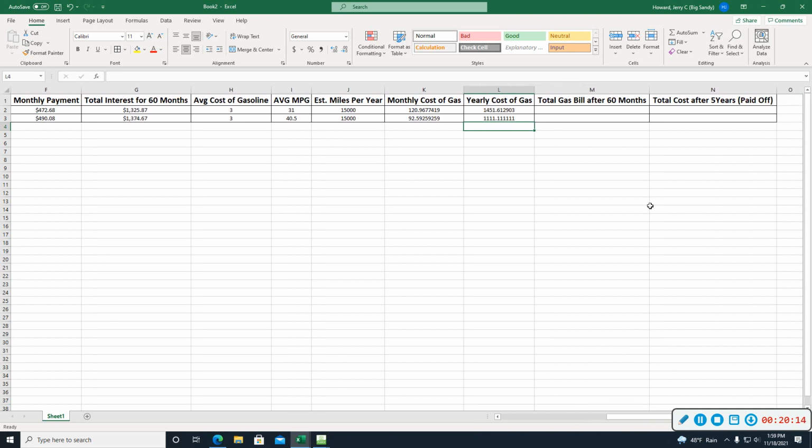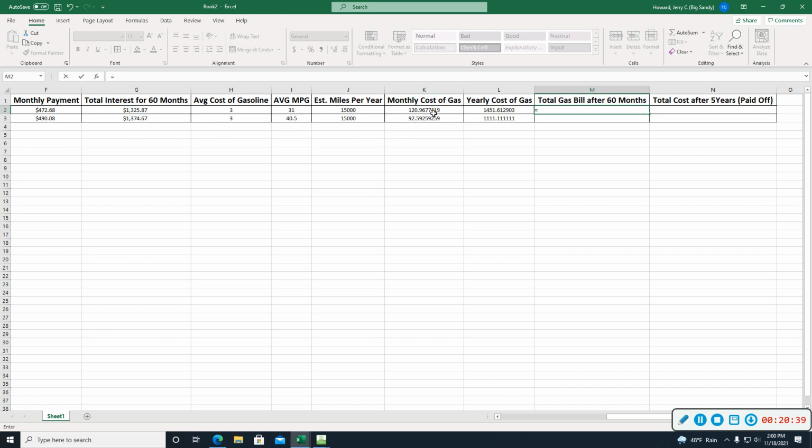So the total bill after 60 months of gas is going to be equals, take this, and you are going to times it. Now that's the yearly cost. Actually, we need to put in the monthly cost. We could do that and put 5 years, but let's just keep everything in formulas.